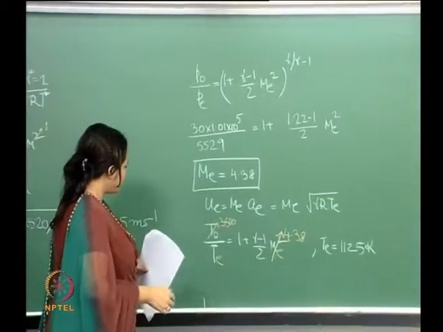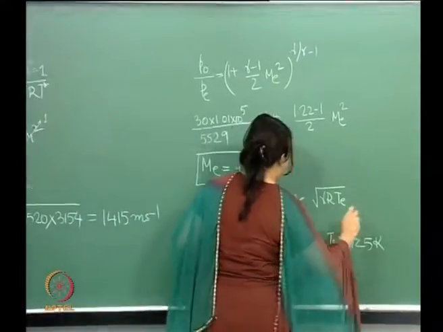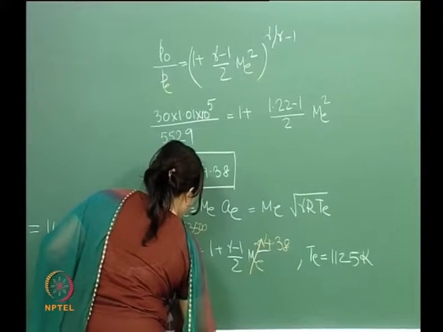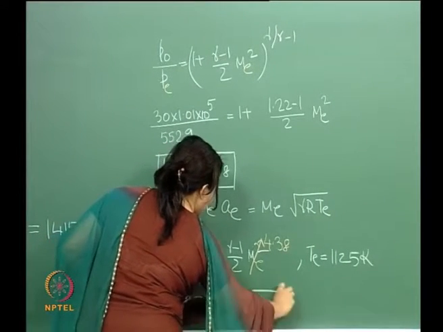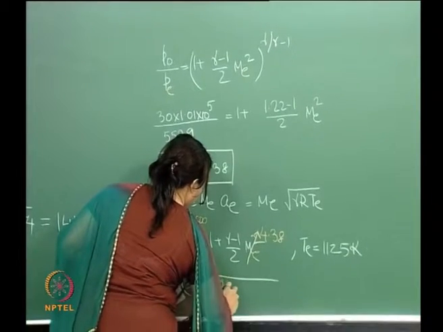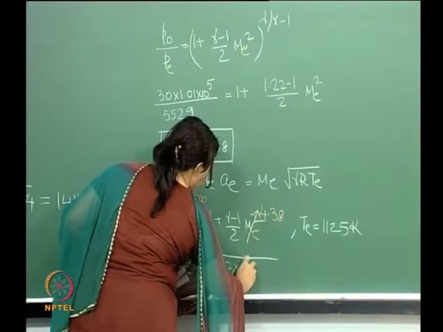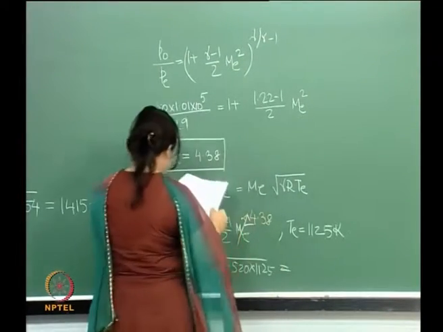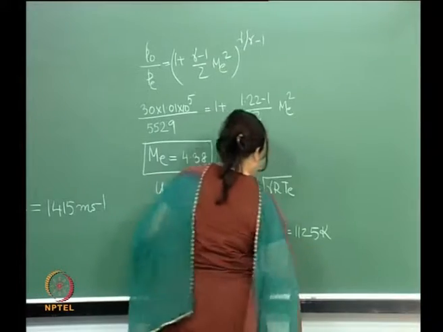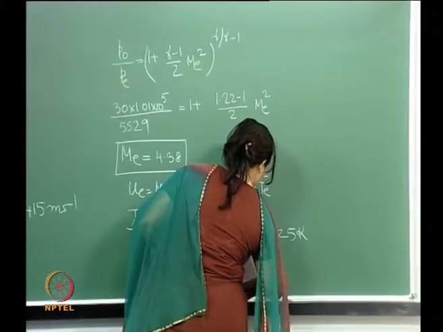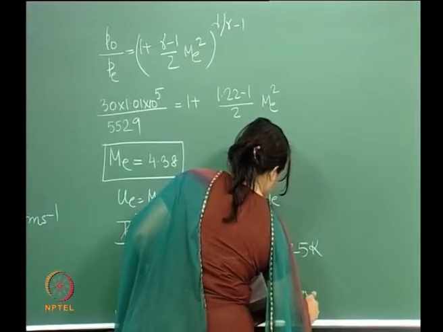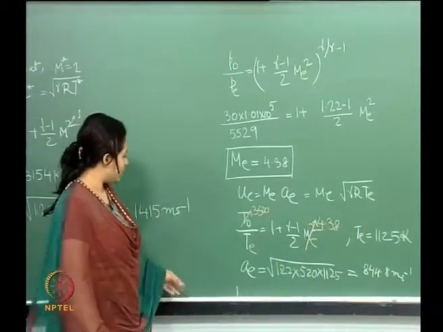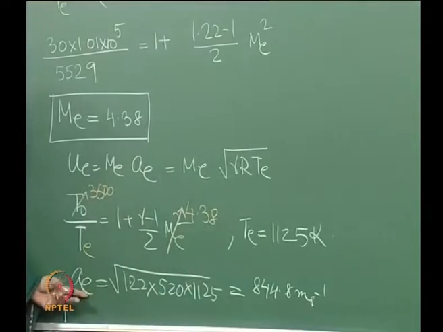And hence the corresponding AE, the speed of sound, comes out to be 844.8. It is nearly 845 meters per second. So this is the speed of sound at the exit.